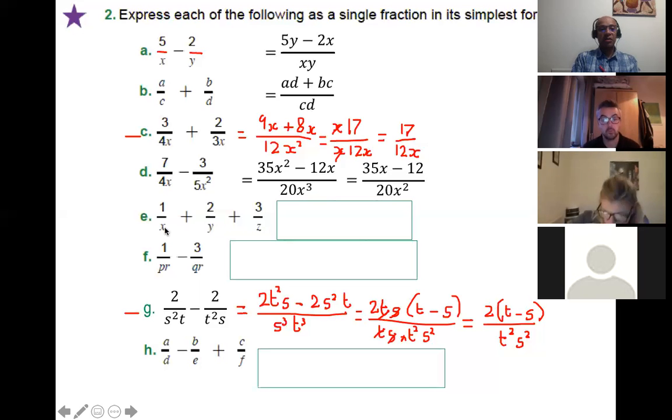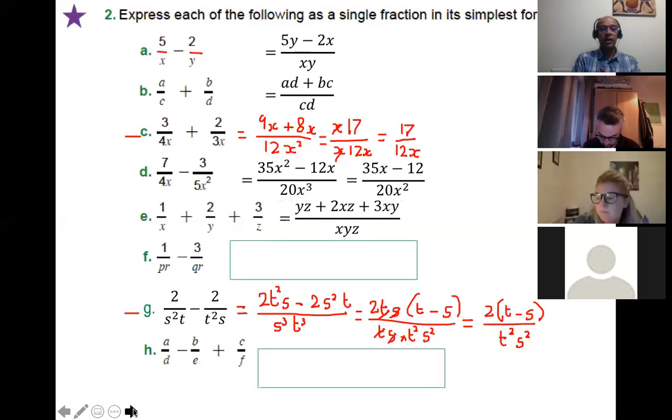But if you've got just one way of doing it, the next one, you would treat 1 over x plus 2 over y, so you could put brackets, and once you've done that, you would get y plus 2x divided by xy, and then you would use that new fraction plus 3 over z, then you would do again cross and smile. So it's a two-step process to do this one.